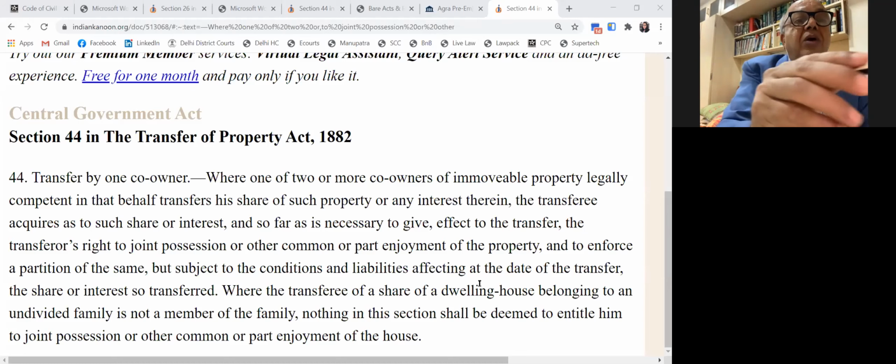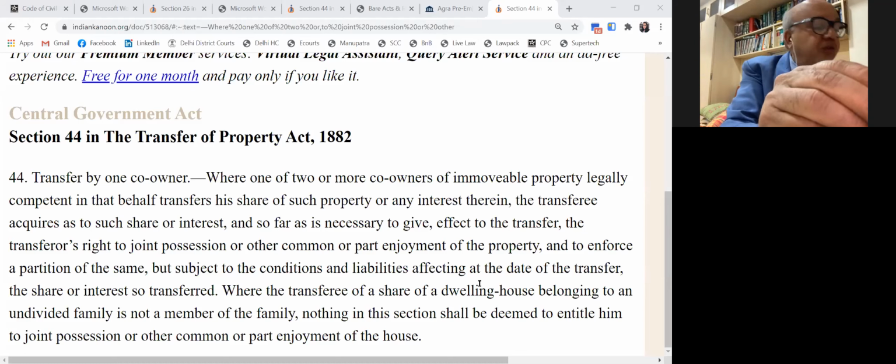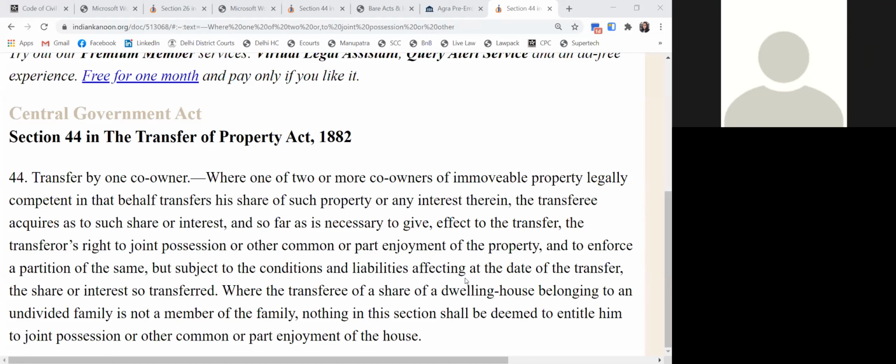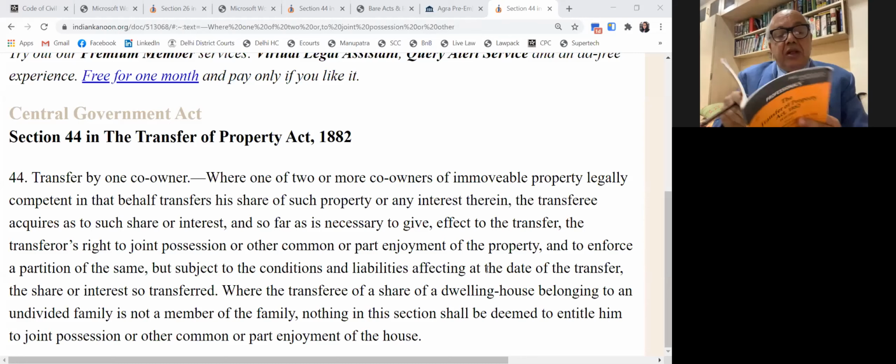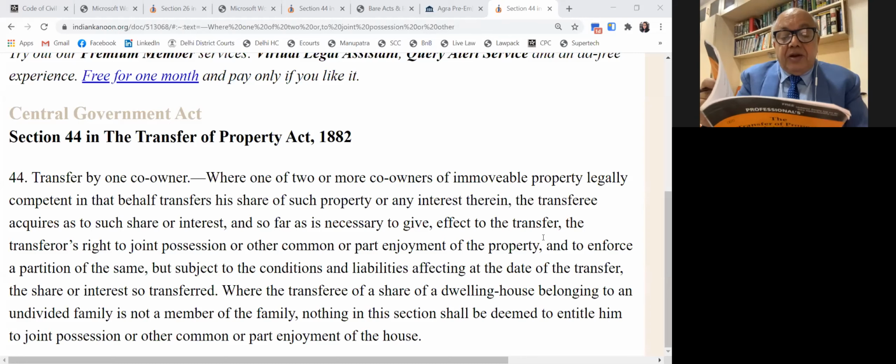Now, under this section 44 proviso, kindly be seen. The proviso to section 44 speaks of transfer by one co-owner. How is the transfer permitted by one owner to a co-owner?